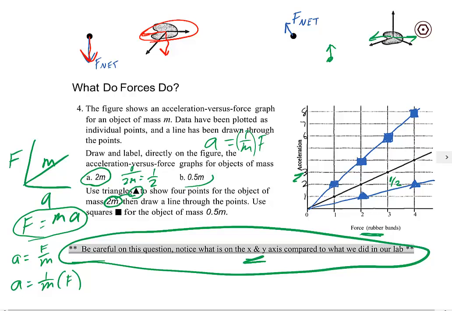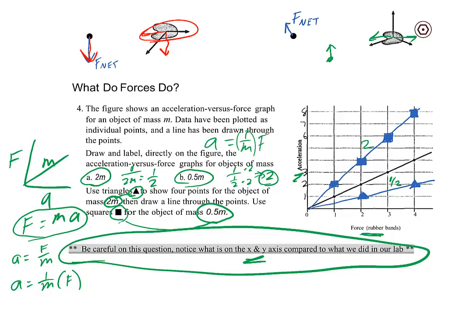So vice versa for part B, now I have 1 over 1/2 for the slope. If I multiply this side by 2 and this side by 2, I get a slope of 2, and that's why for the squares that represent my 0.5 mass, I actually have a slope of 2. So you've got to be really careful.